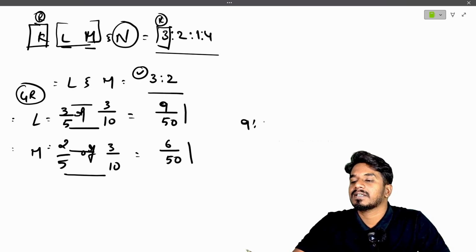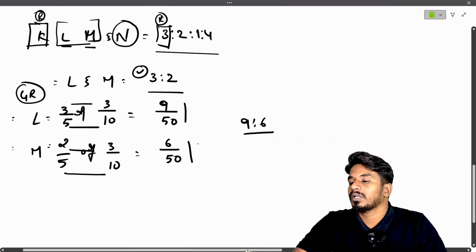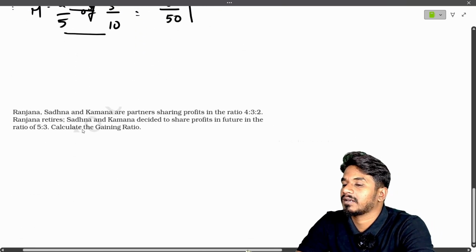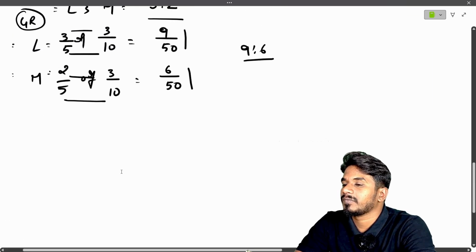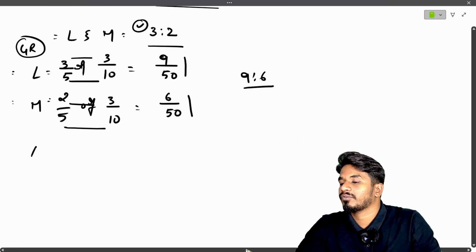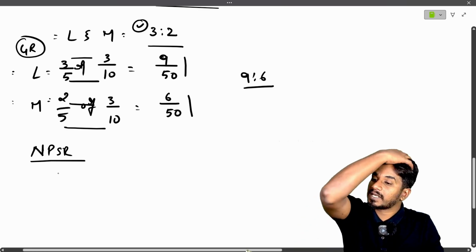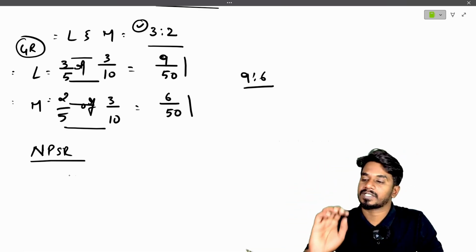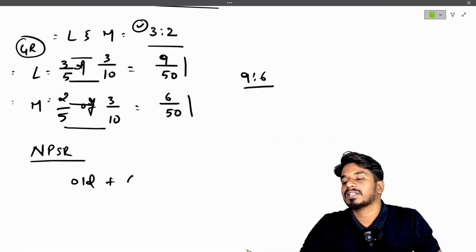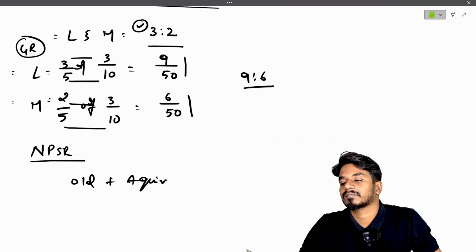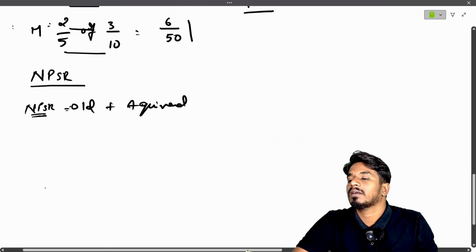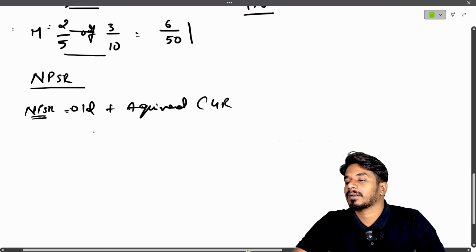You can write it as 9 is to 6. So now we have to find out NPSR. What is the formula for NPSR? We have seen in the previous question, that is old plus acquired. Acquired means GR.